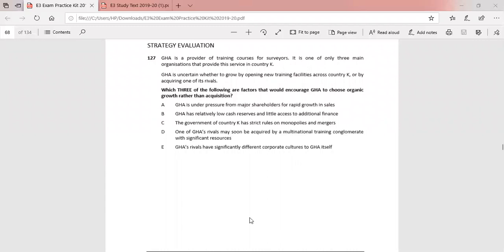Which three of the following are the factors that would encourage GHA to choose organic growth rather than acquisition? Please respond. Select three items.